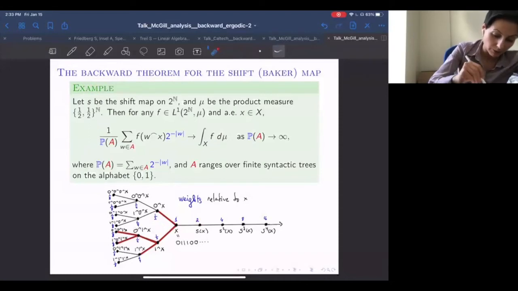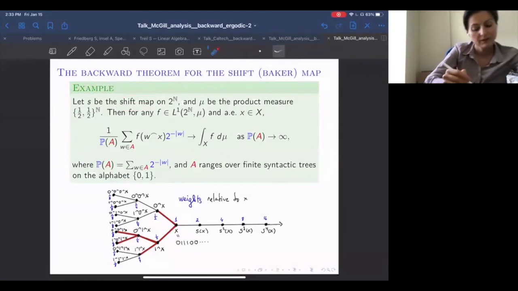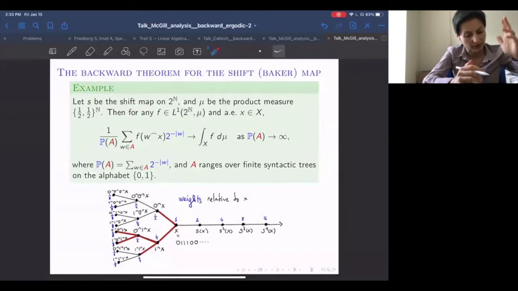What our theorem would give you is this. We're considering the space of binary sequences with this product measure, and the map we're considering is the shift map, which just forgets the first coordinate.